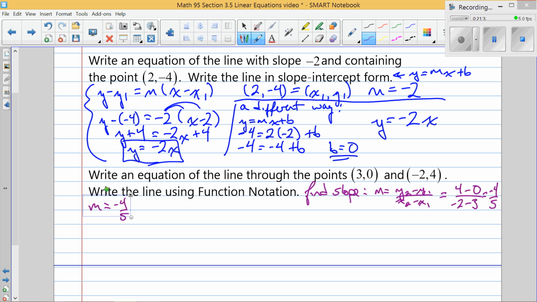So the equation of the line would be y minus, pick one of your 2 points. I like to use a 0 whenever possible. So y minus 0 is going to equal negative 4 fifths times x minus 3.